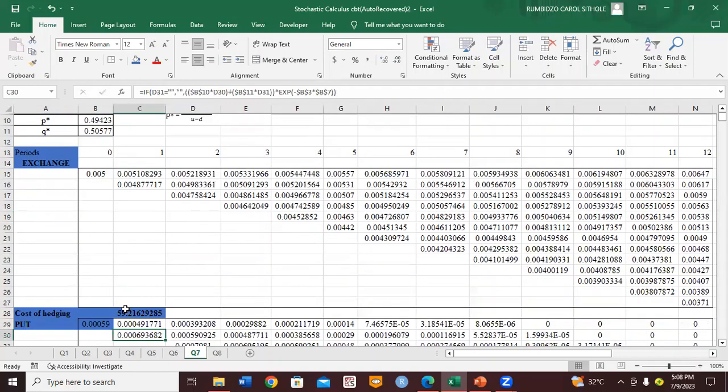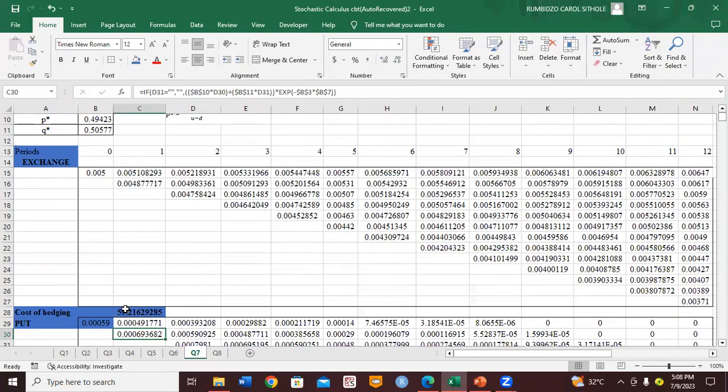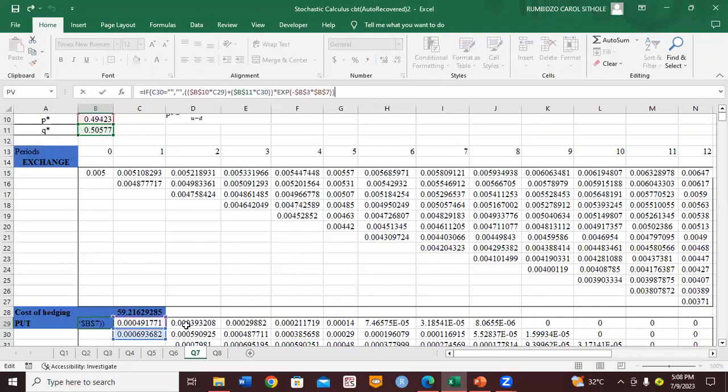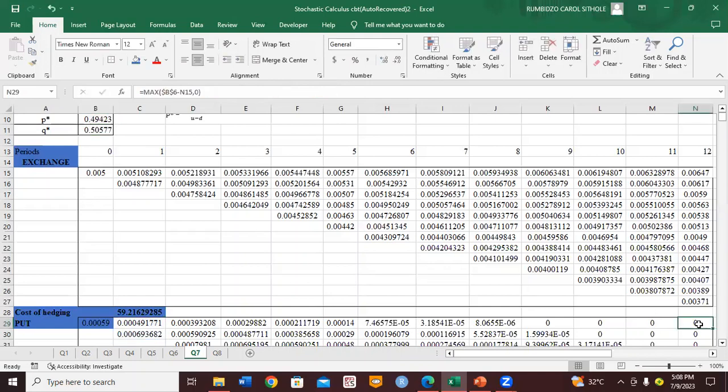And then now we want to calculate the cost of hedging for this put, right? So for this one, you would have to start at the end here. We work backwards from 12 to calculate, because this is the figure that we're looking for. So calculate backwards.